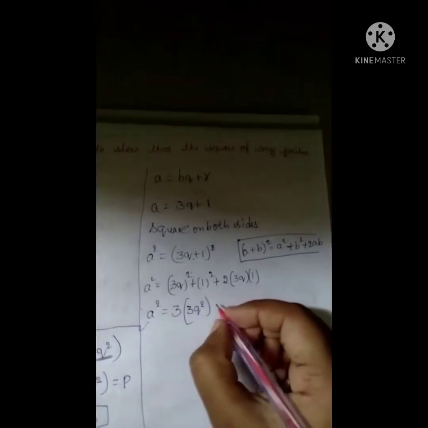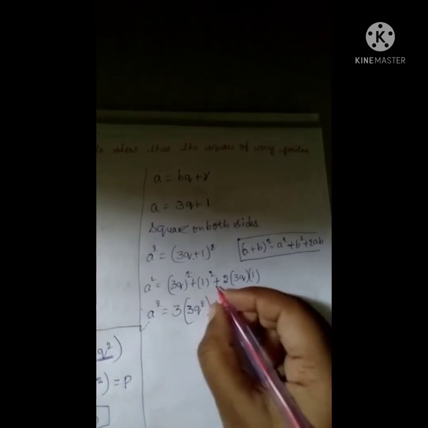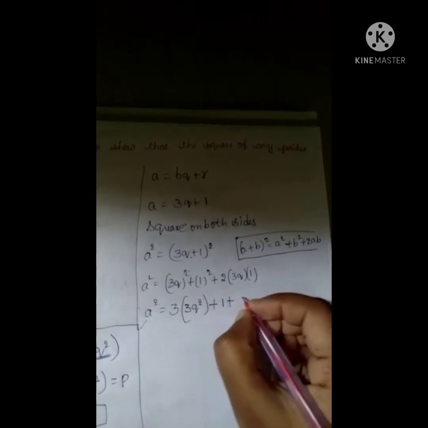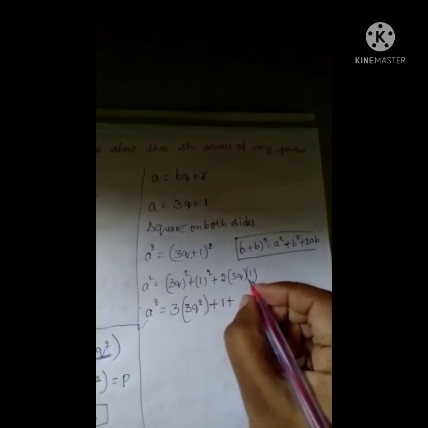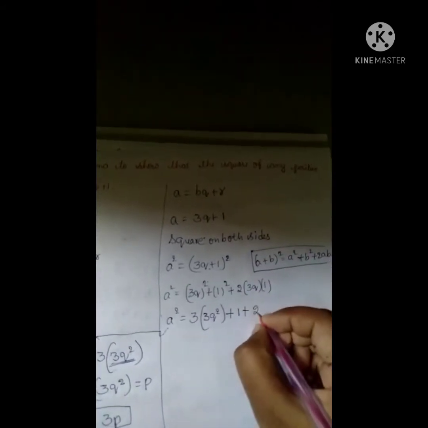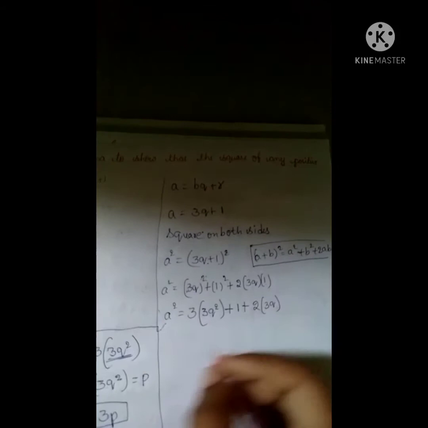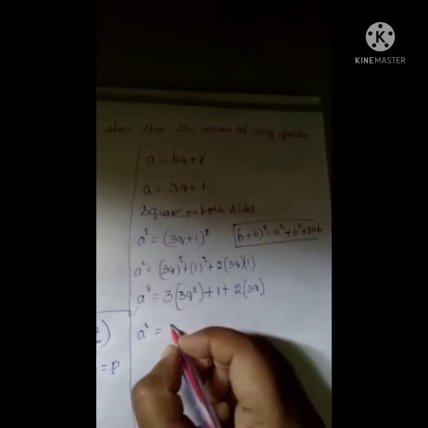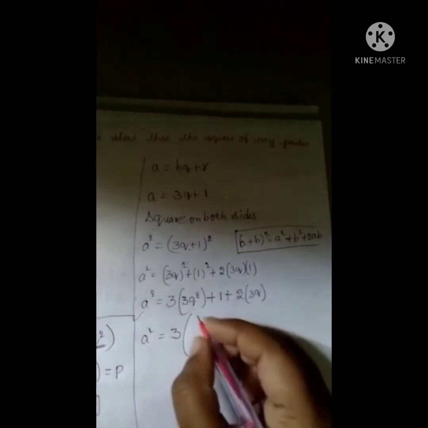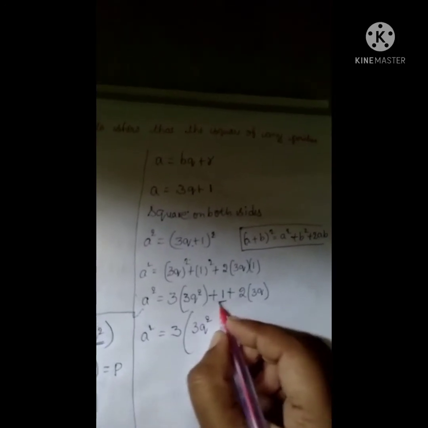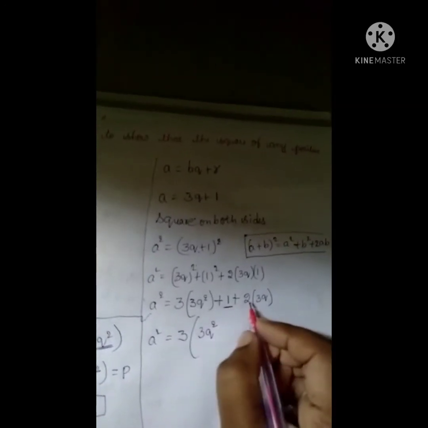Okay. Plus 1 square is 1, plus 2 into 3q into 1 will be 6q. Now I am taking 3 as common. So this 3q square, and if you see here, I am leaving 1 because it can't take as common.